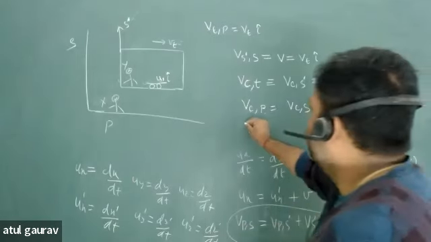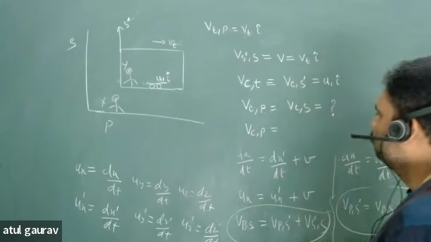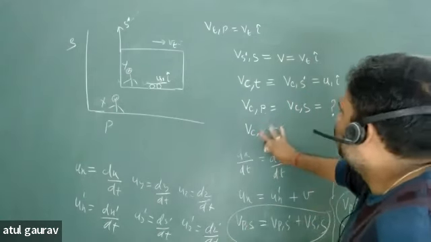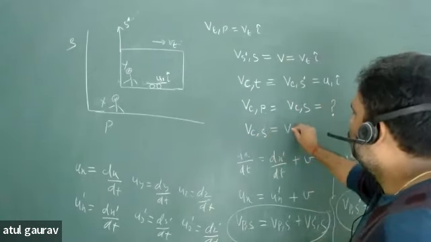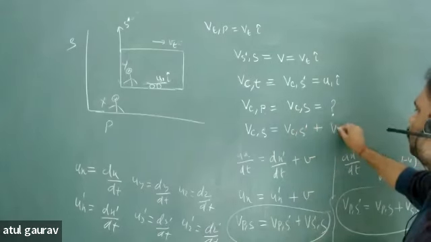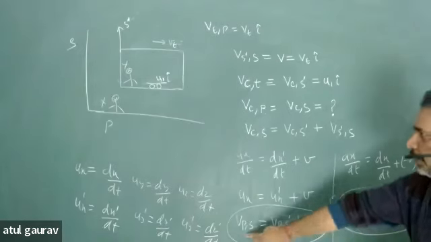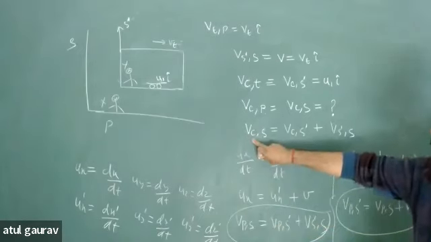You can write velocity of car with respect to platform, or with respect to S frame, is equal to velocity of car with respect to S dash plus velocity of S dash with respect to S. Look, I am just using this thing. Only P is changing to C.